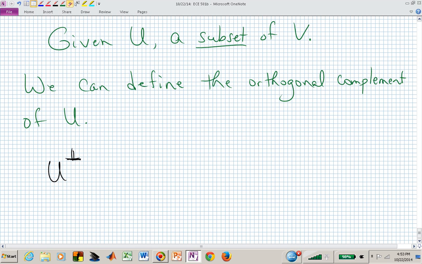U with a perpendicular superscript, called U perp, which is short for U perpendicular.